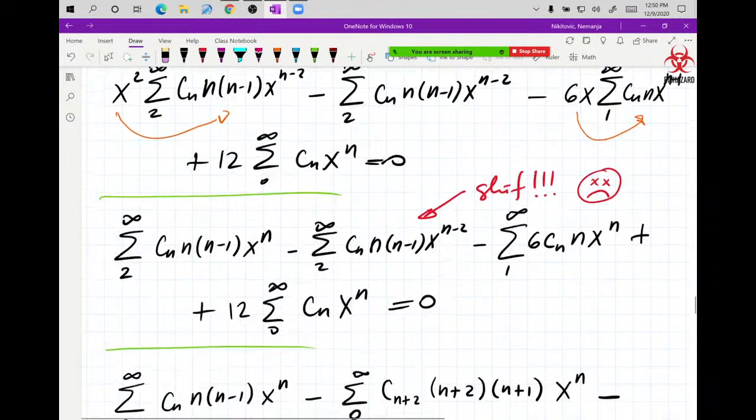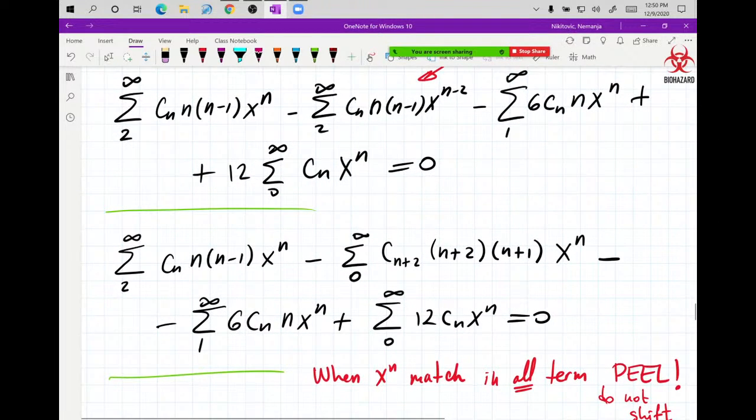Well, once we shifted that one, we had the matching exponent, but now we do not have matching guys over here. And I said when x to the n matches in all terms, peel, do not shift.